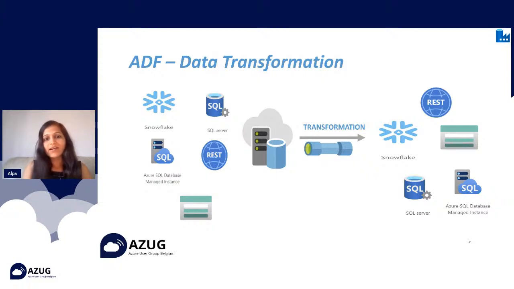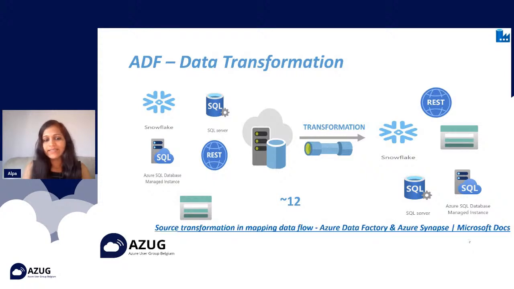There are around 12 data sources available which you can use as a sink, as a source, or both. Here is a link which helps you get ideas about which data sources you can use as a sink, as a source, or both. This is how you do data transformation.